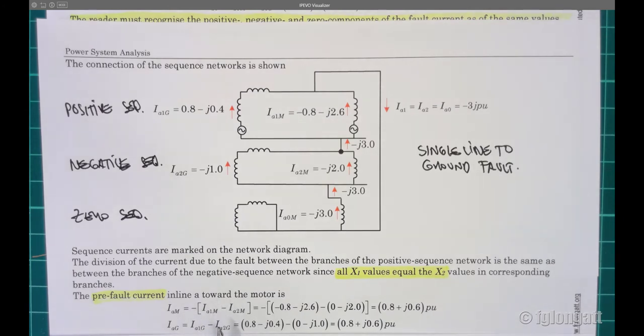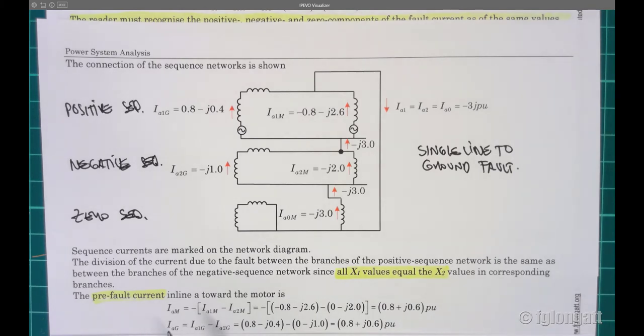That condition is key to understand this equation over here. The phase A current, or the line A current coming from the generator, is the difference between the positive and negative sequence contribution. That is what my student must demonstrate.